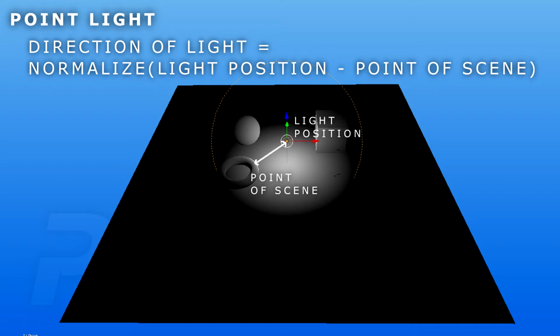As we have already seen in the previous tutorials, a vector can be computed by subtracting the position of the light source with the position of a point of the scene. This is done for all the points of the scene that are visible to the camera, in other words, for all the pixels that compose our scene.